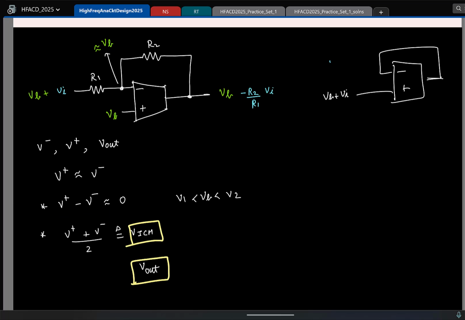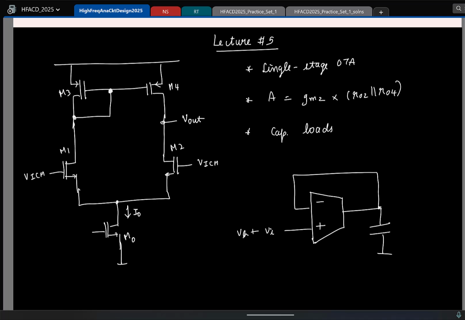So we only specify limits for the common mode input and the output. And once you know the range for the common mode input and the output, in your specific negative feedback circuit, you can find VICM and Vout in terms of VB and VI. So if you know the ranges for these two, you can back calculate the range of voltages you can have for VB and VI. So now we know how to bias this guy properly.